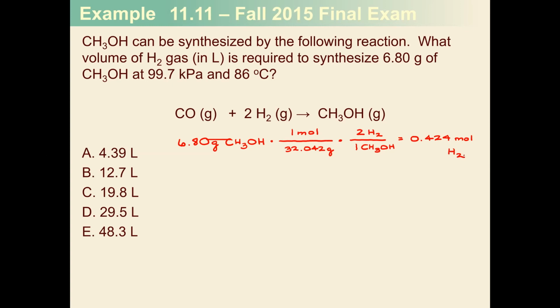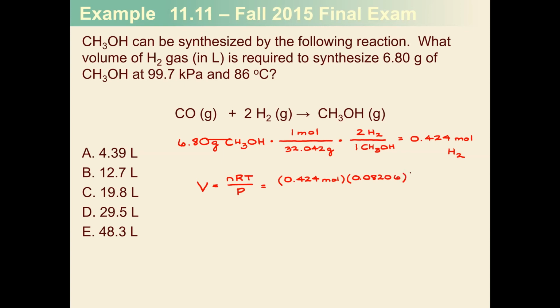So now, because it is a gas and I'm given the ideal gas equation characteristics, now I can solve for the volume. Volume equals nRT over P. So I have my number of moles. That is going to be 0.424 moles.